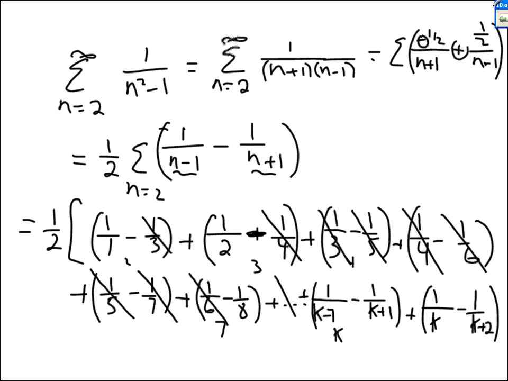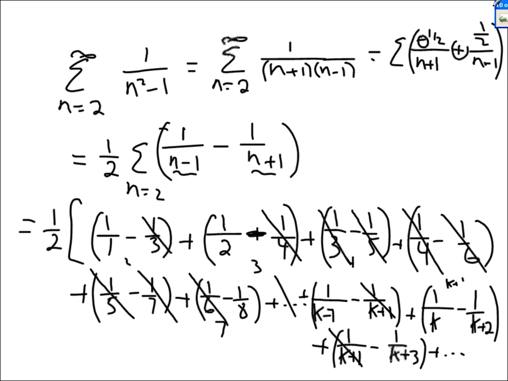This is k plus 1. Now if we have k plus 2, 1 over k plus 1 minus 1 over k plus 3, etc. So the k plus 1 will cancel.